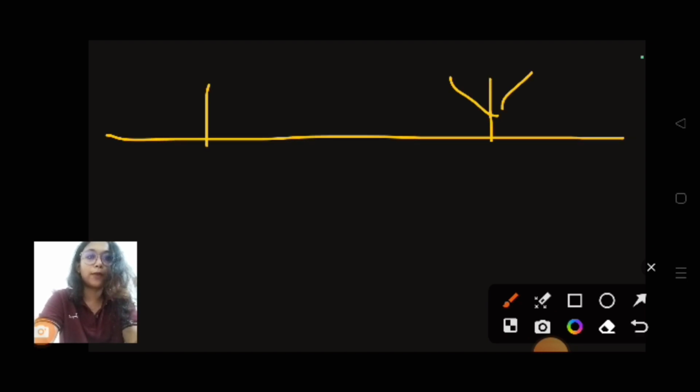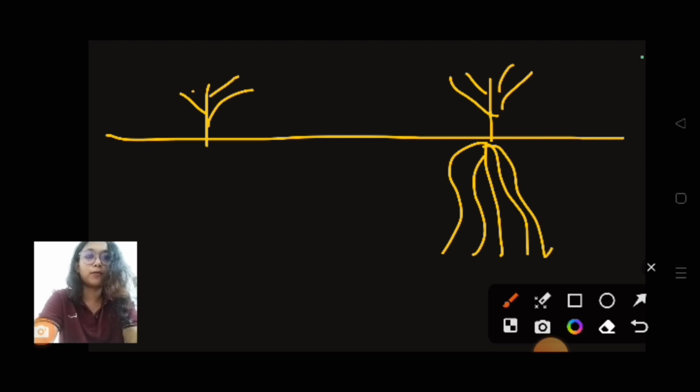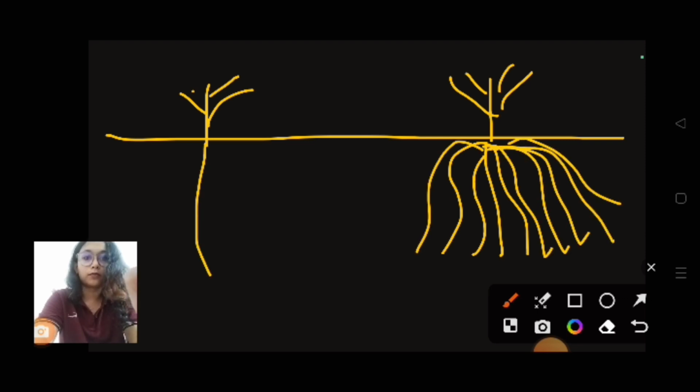Again I am drawing, sorry for that. Here I will be drawing both fibrous and taproot system. This one is the fibrous root system. And this one is the taproot system.